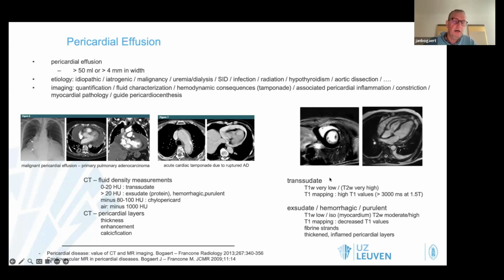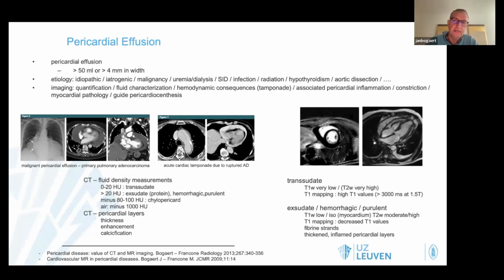With CMR, in patients with suspected pericardial disease, in our center, we do the T1 weighted and the T2 STIR with a very strong T2 weighting. And you can also describe the presence of effusion on that. And here you see on the right, and it's a bit hidden, that the patient has thickened visceral and parietal pericardial layers.